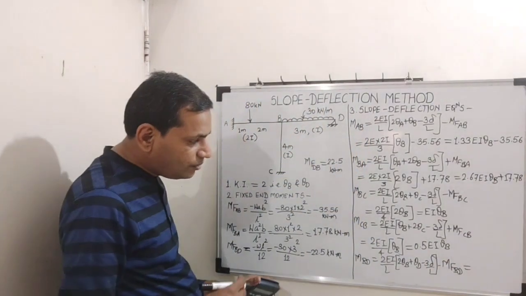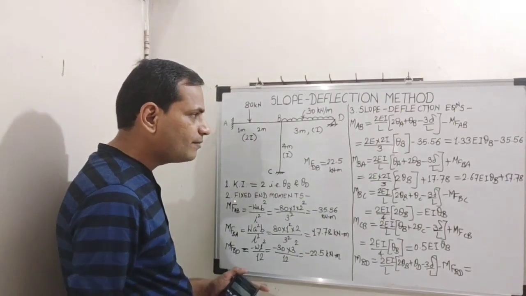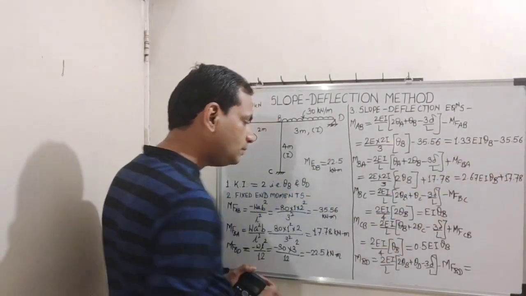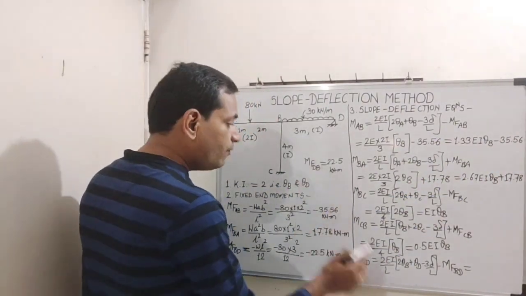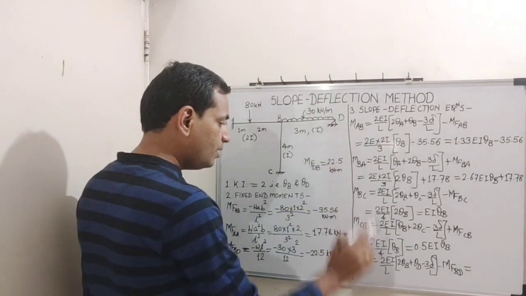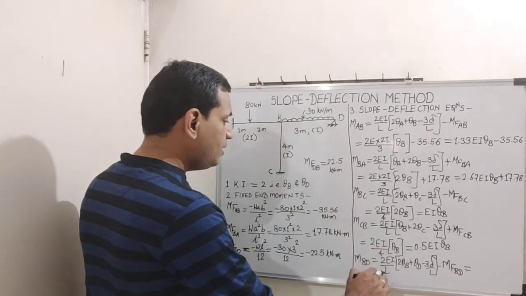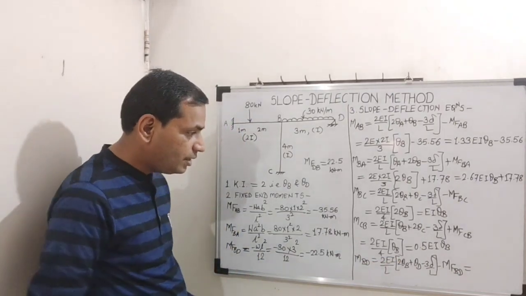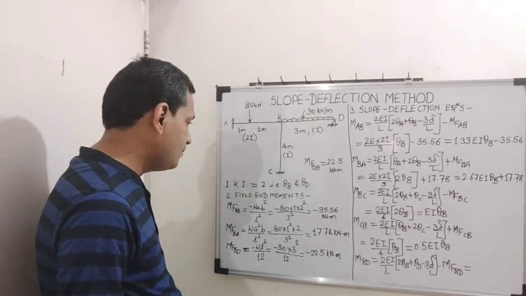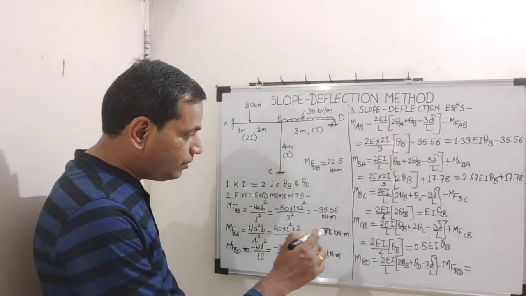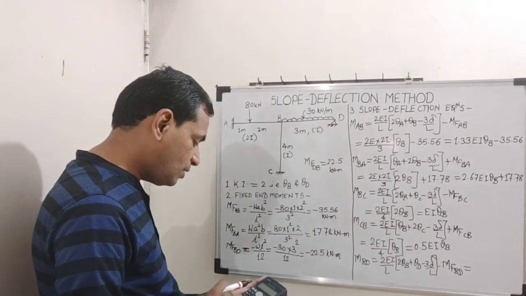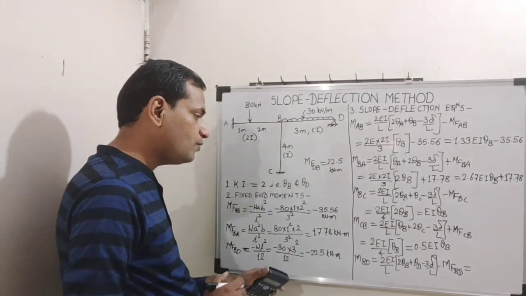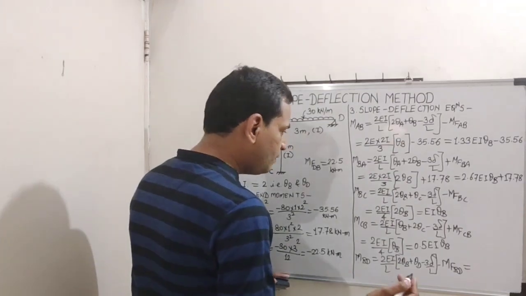So I will try to write this equation directly in this form. The I value for BD span is 1I, so 2EI upon 3 into bracket 2 theta B plus theta D minus MFBD. So 2 into 2 is 4, 4 by 3 is 1.33. So it is 1.33 EI theta B.